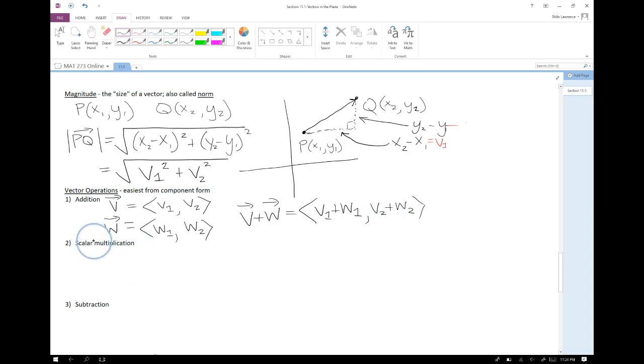For scalar multiplication, we're taking a vector in component form, v1, v2, and we're just multiplying through by some scalar c. So c is going to be just a number. Remember, a scalar quantity has magnitude but no direction. So whatever the value of c is, we just distribute it to both of the components to get the scalar multiple.